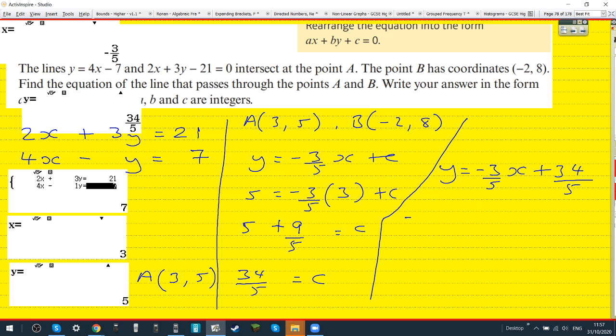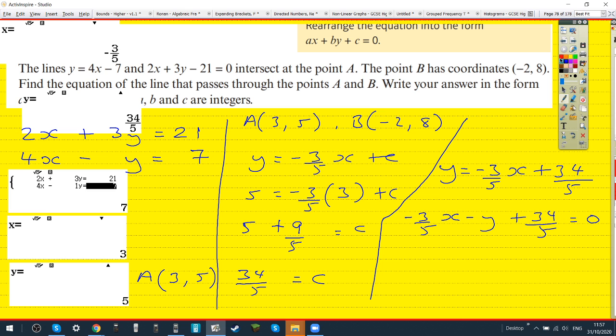And then we need to put them into integers. Since both fractions have the same denominator, does it matter? No, it doesn't really matter. So we just multiply everything by 5.